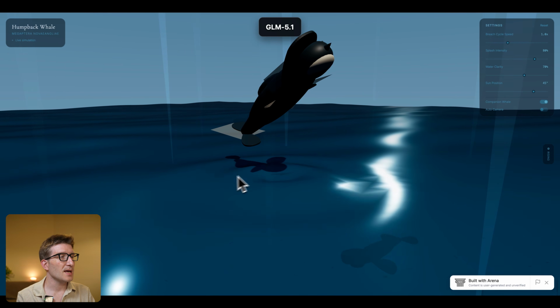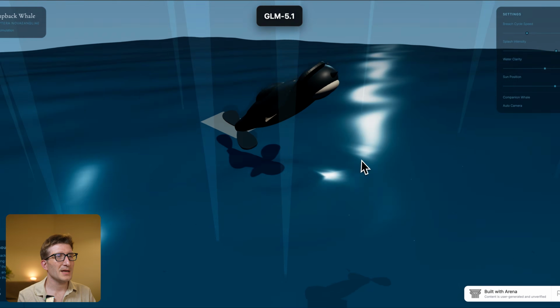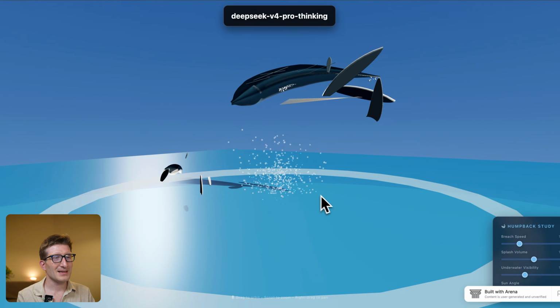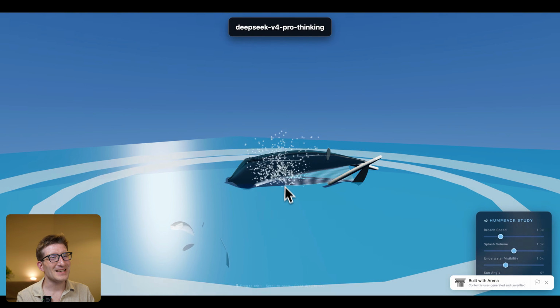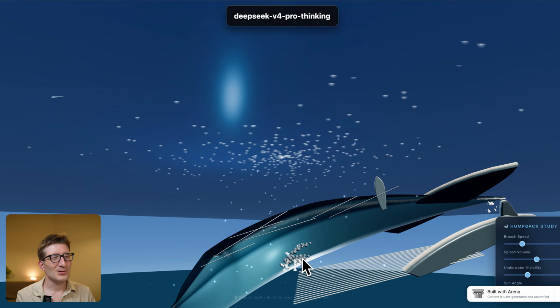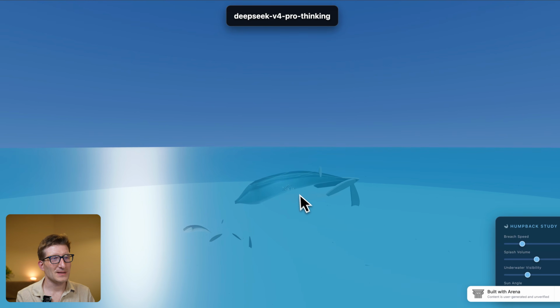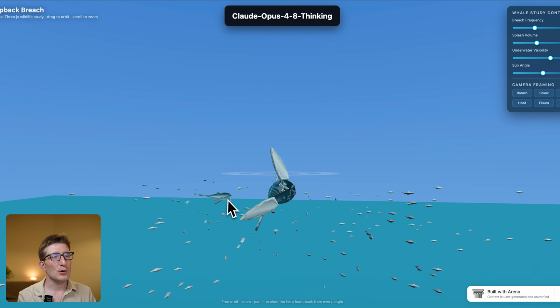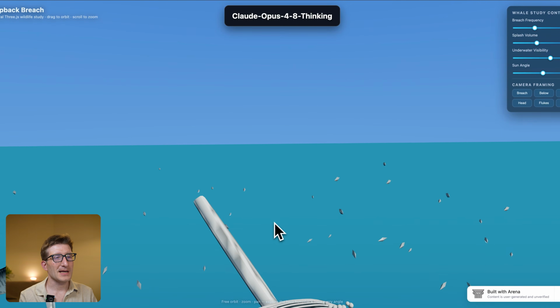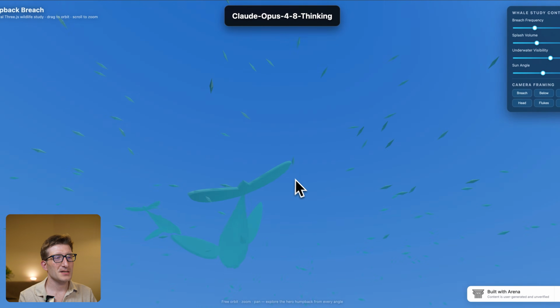So this is a humpback whale jumping. You can see a few generations. I couldn't not include DeepSeek. Unfortunately, not a great generation here. I hope they get better with this kind of stuff. But yeah, none of them are amazing generations, I must say.